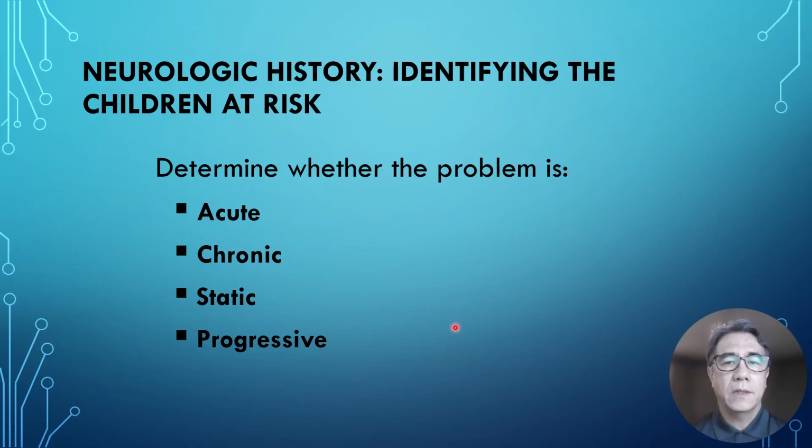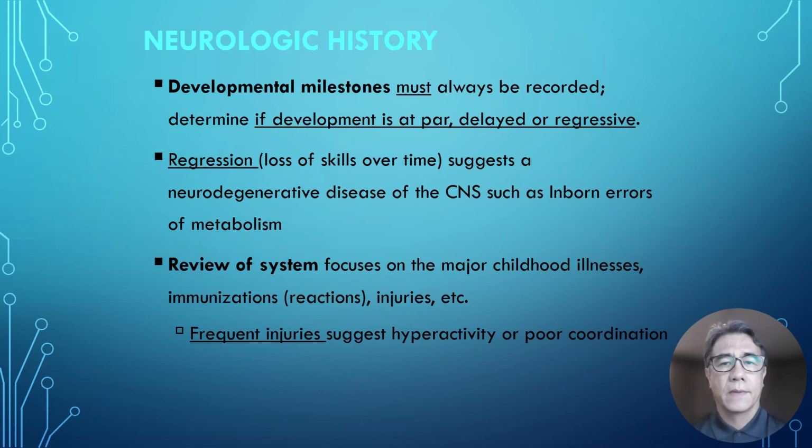And when we attempt to do the neurological history, it's important to determine whether the problem is acute, chronic, static, or progressive. And these milestones we were talking about a while ago should always be recorded and determine if the development is at par, delayed, or regressive.